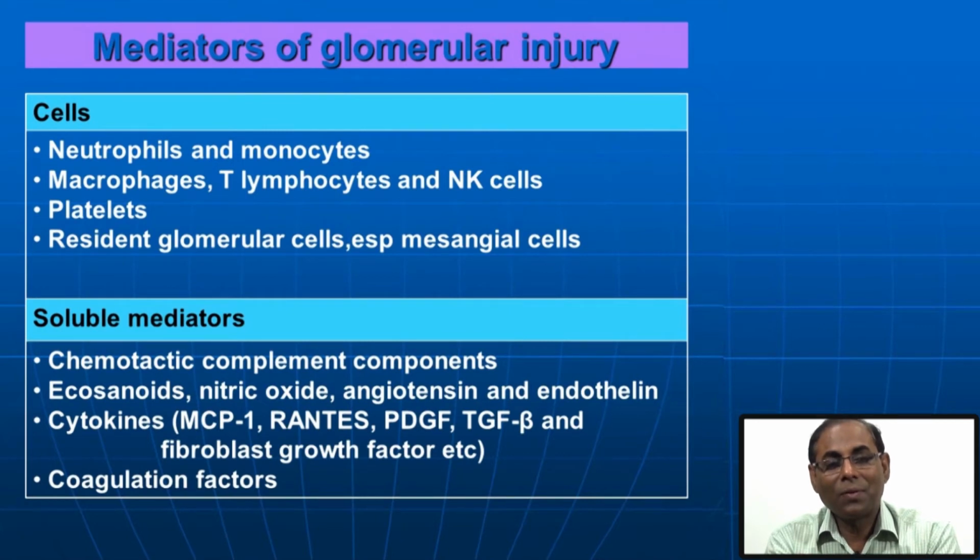but then the glomerular injury has to involve also the components of the glomeruli. So later we see what are the cells which actually cause damage to the glomeruli, or what are the soluble mediators that cause damage to the glomeruli. The cell which causes a lot of damage is the neutrophil.